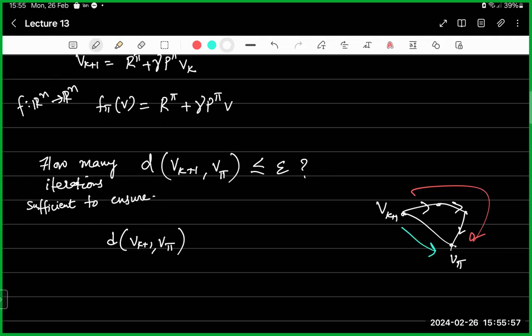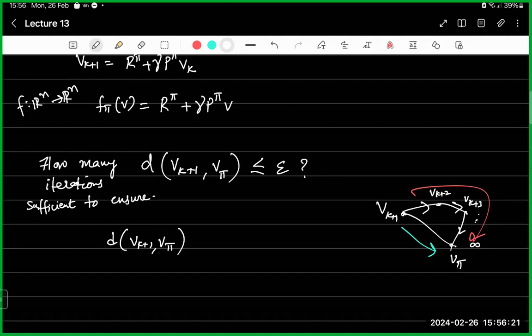I'll take these points as v k plus 2, v k plus 3, and so on till infinity.